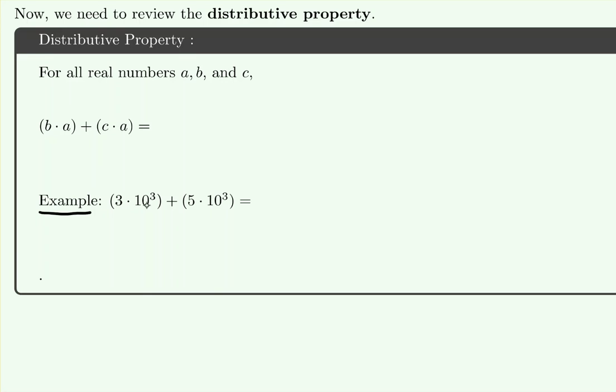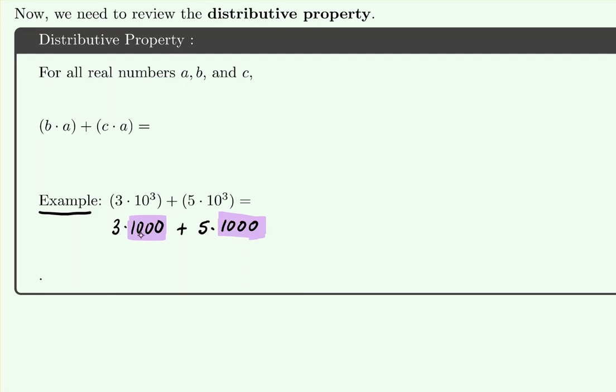If we have 3 times 10 cubed, we know this is 3 times 1,000. 10 cubed is 1,000, plus 5 times 10 cubed, which is 5 times 1,000. And the key here is it's 3 times 1,000 plus 5 times 1,000. We are adding similar measurements.